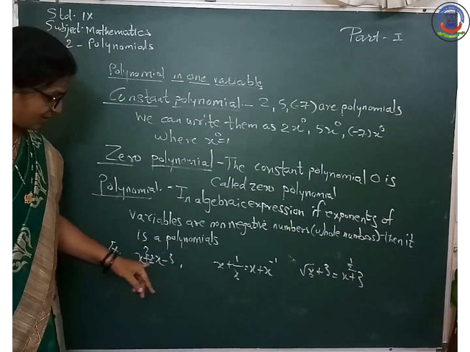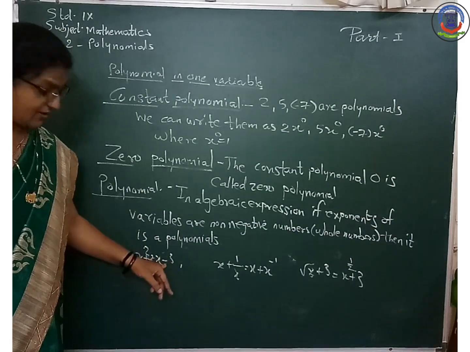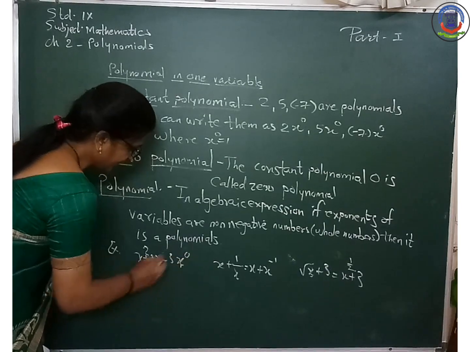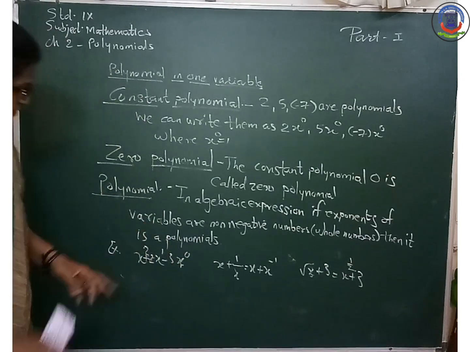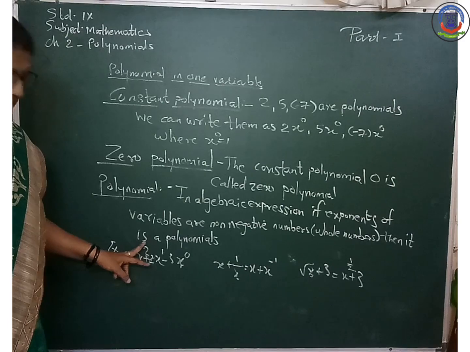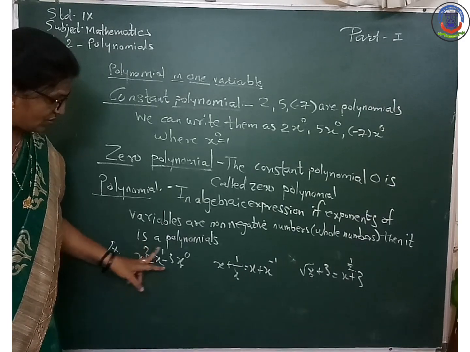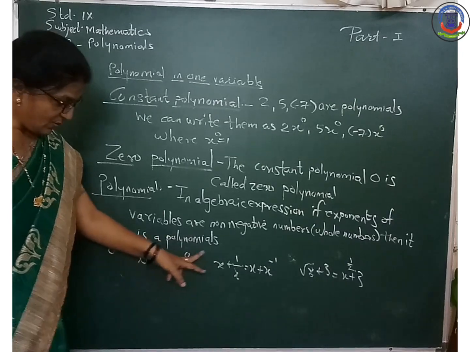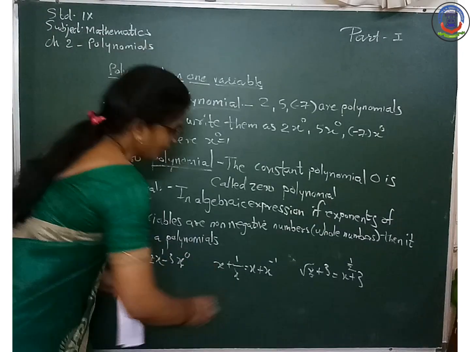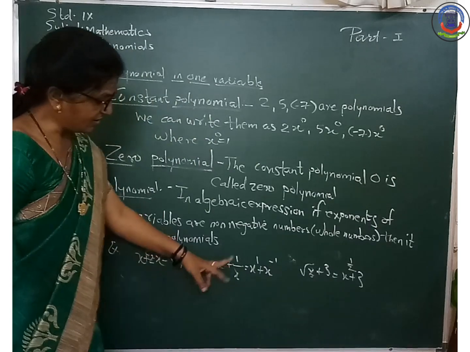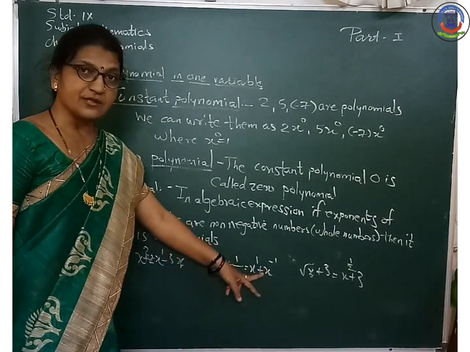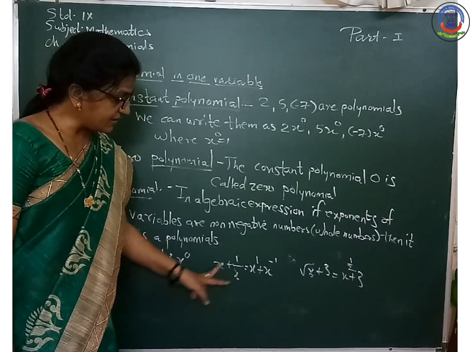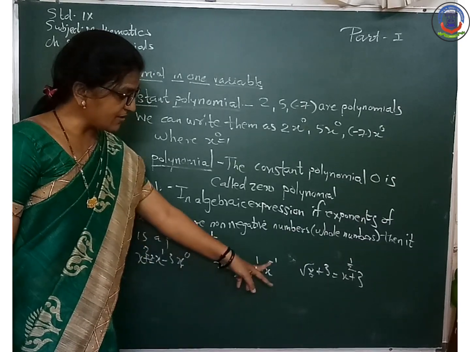Example: x square plus 2x minus 3. Here minus 3 can be written as minus 3 times x raised to 0, and here it is x raised to 1. So see the exponents: first term exponent is 2, second term exponent is 1, and the last constant term exponent is 0. While in x plus 1 upon x, 1 upon x can be written as x raised to minus 1, so the power of the first term is 1 and the power of this term is minus 1.